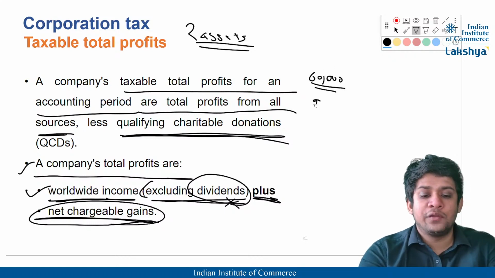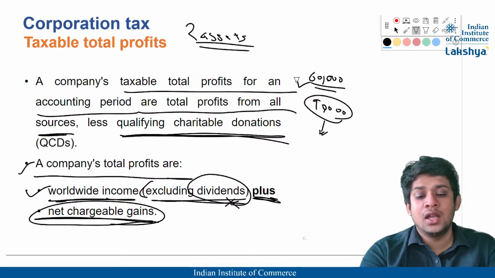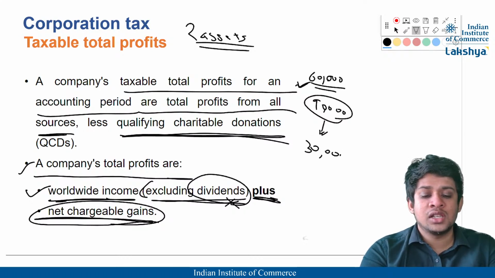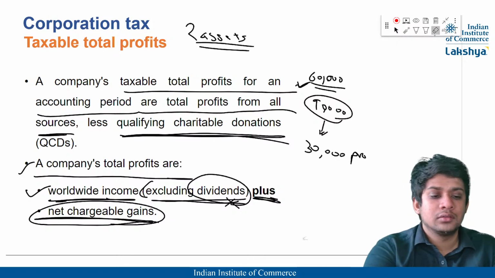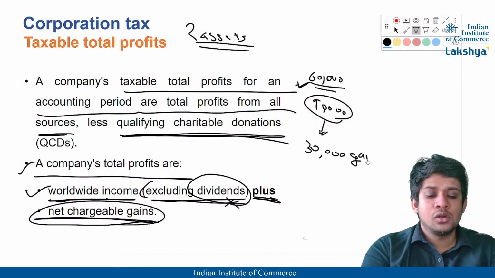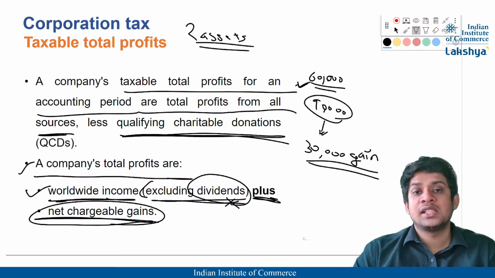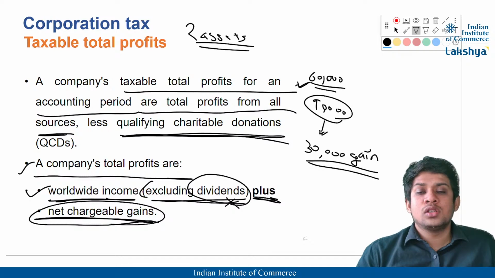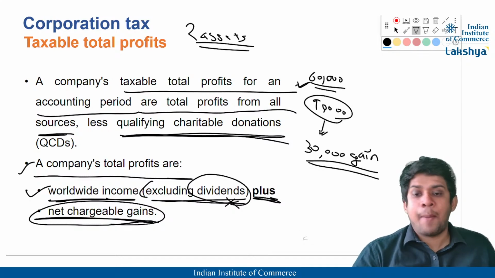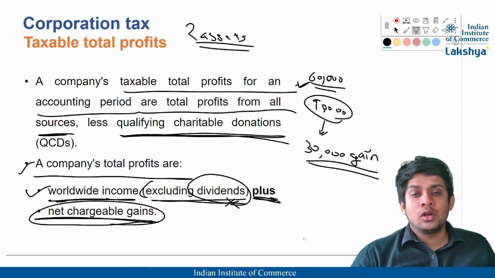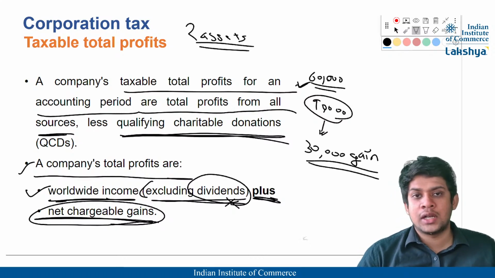Okay. I sold it for 90,000. So when I sold it for 90,000, I got a profit because its value was 60, but I could sell it for 90. So that means 30,000 is my profit, is my gain, right? So whatever gain that I receive on selling of the assets, those are going to be considered as my capital gains. Okay. So capital gains are also going to be taxable under the company's corporation tax.